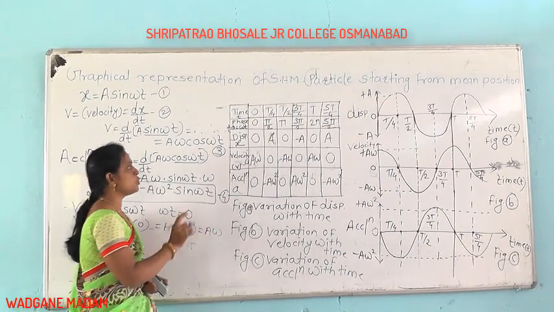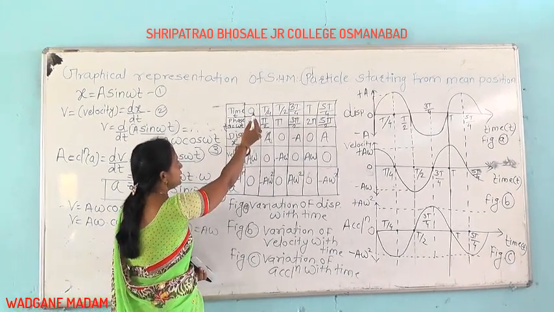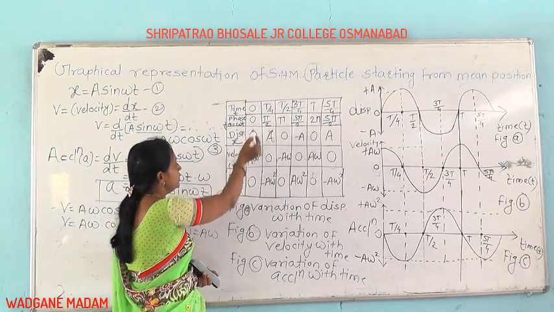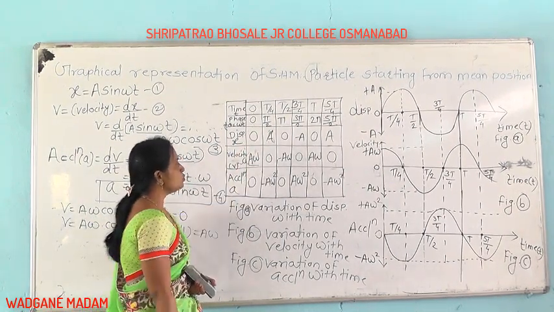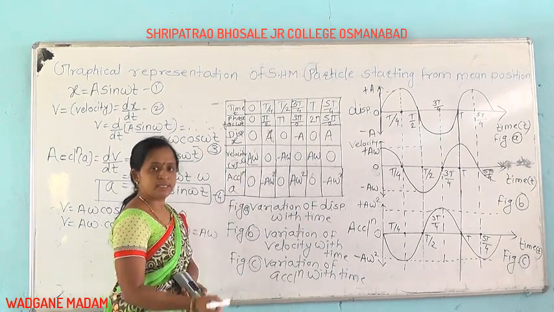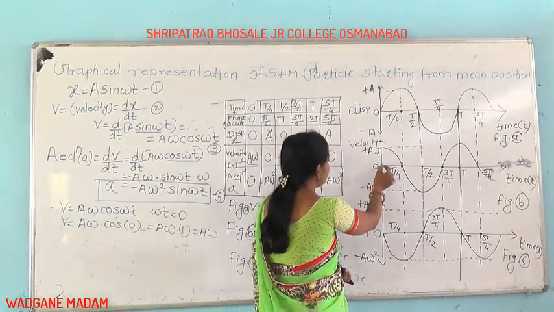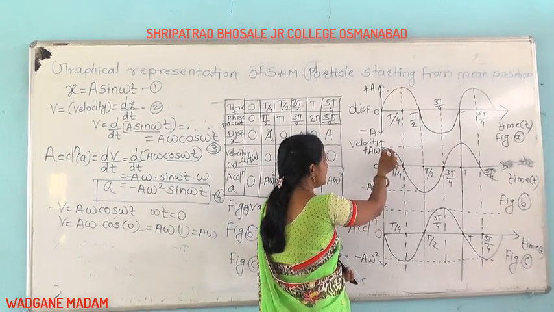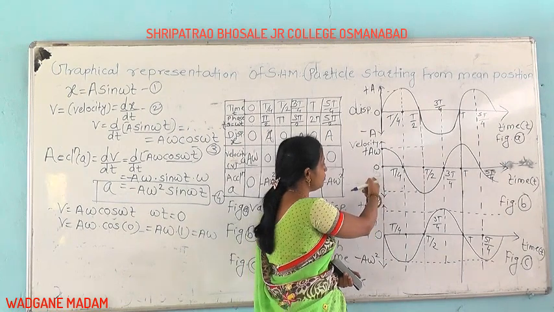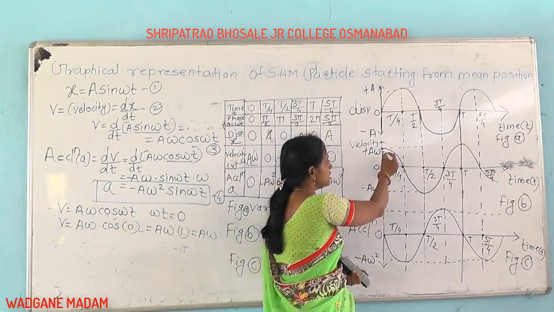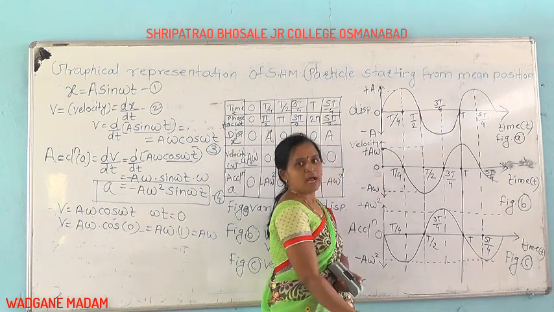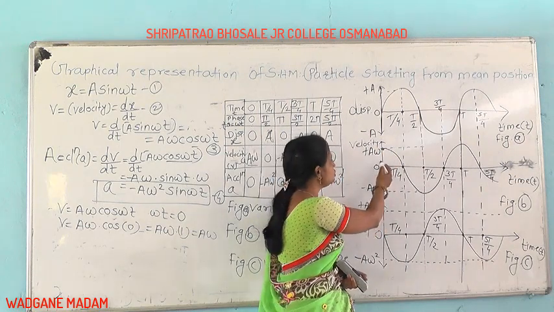So when time t is 0 and phase omega t is 0, v is equal to a omega. That is at the 0 time interval. Therefore, the particle is at the extreme position. We can see in this figure velocity with respect to time that the particle is at the extreme position at time t is equal to 0.